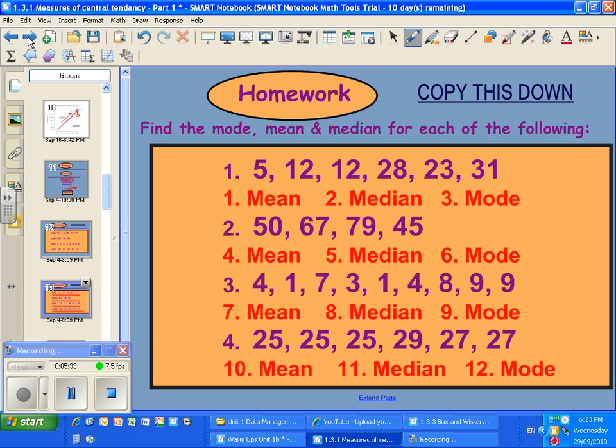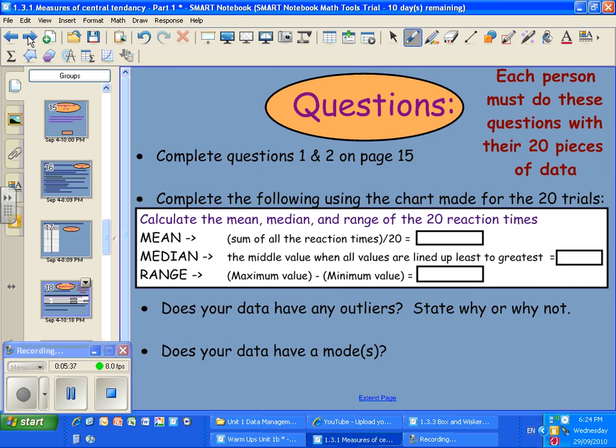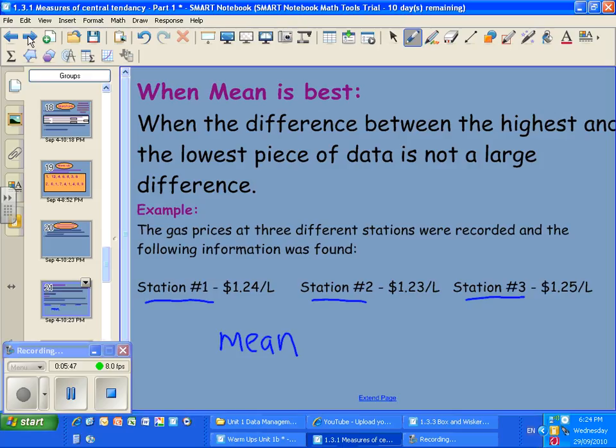Flipping ahead a little bit, let's take a look at where we would use mean, median, and mode, because one is usually better than the other depending on the situation. And we have to be pretty careful in choosing which is best so we get accurate information. Now, mean is best when there is very little difference between the highest and the lowest value.